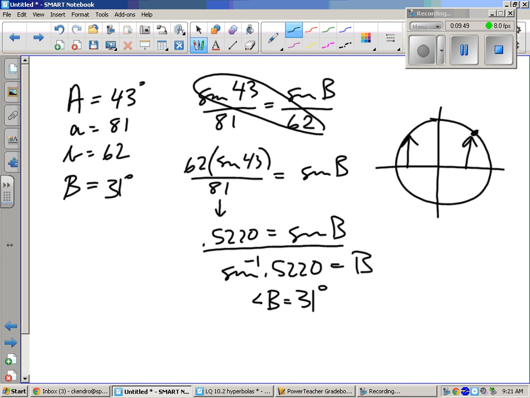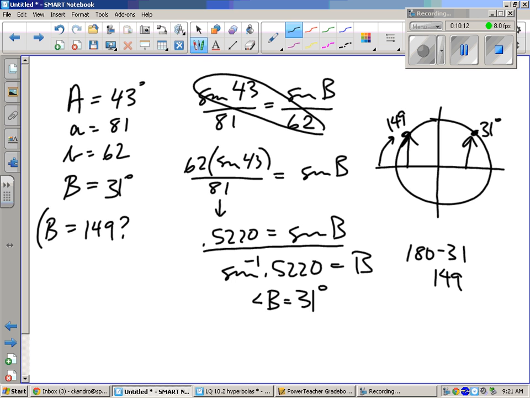So 31 degrees is right here. The other one is 31 up from 180. So 180 minus 31 is 149. Now, if it's 149, let's put that in parentheses. B equals 149, and we'll put a question mark.